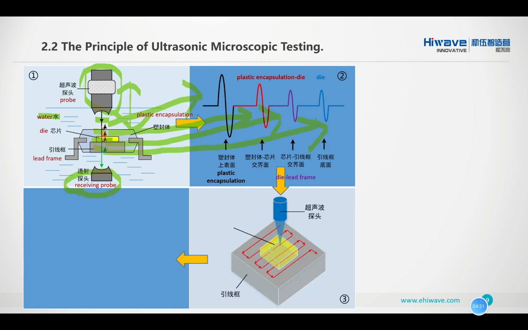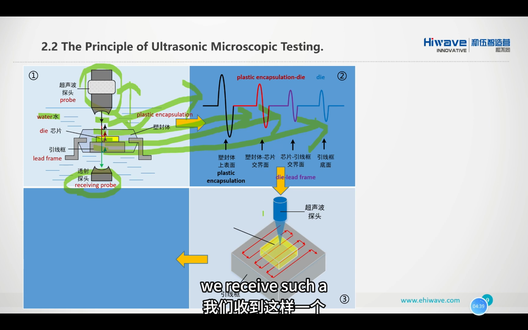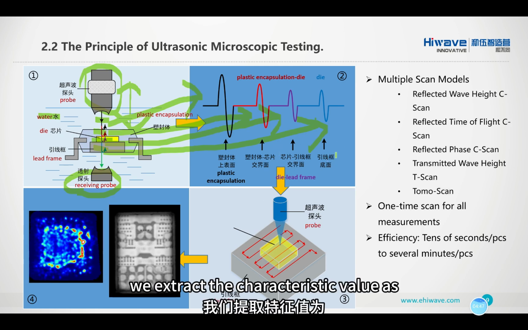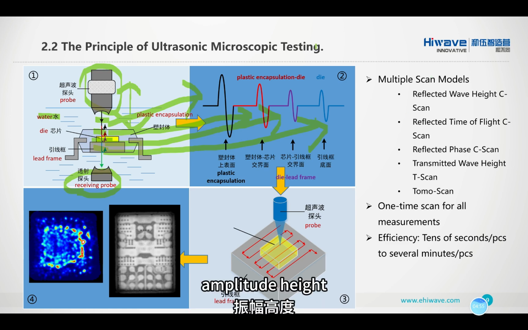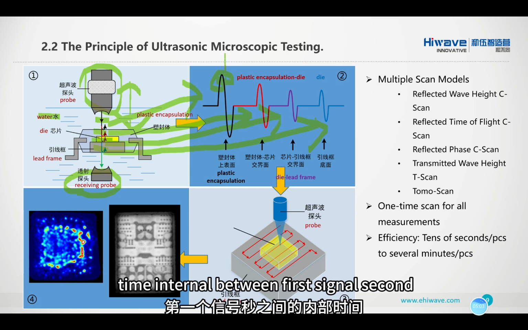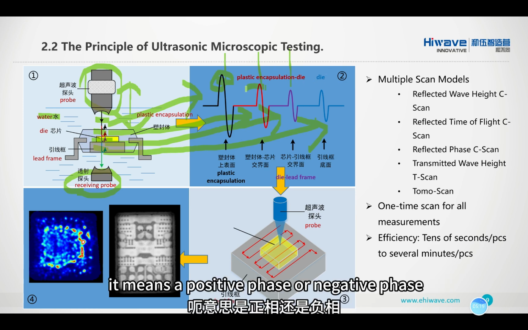The probe performs an S-shape scan, and at each position we receive such a waveform. Next, we extract characteristic values from all the received waves, such as amplitude height, the time interval between the first signal and second signal, or the second signal and third signal, or phase, which means positive phase or negative phase.